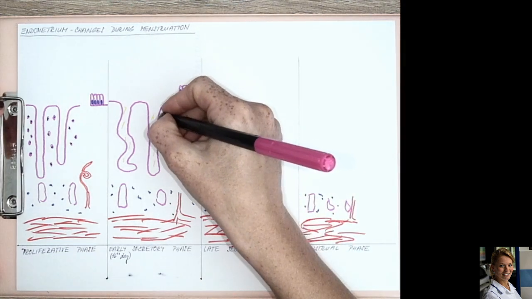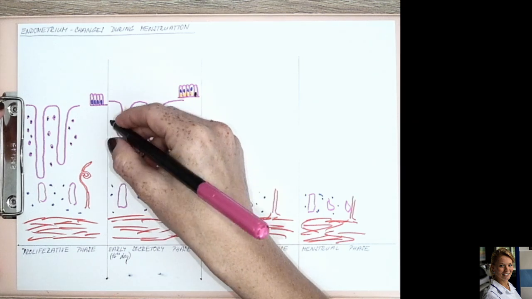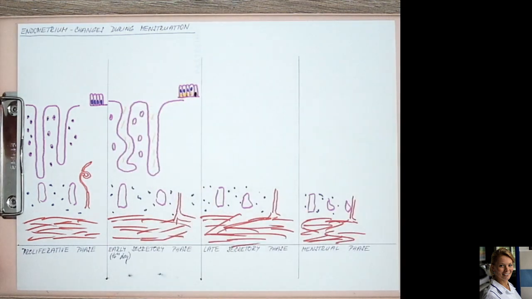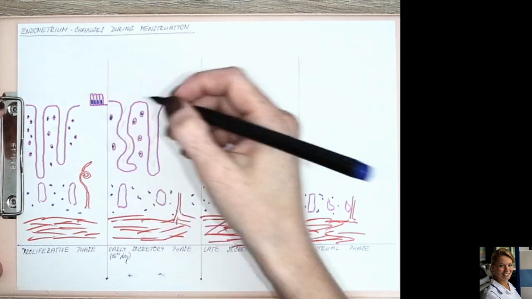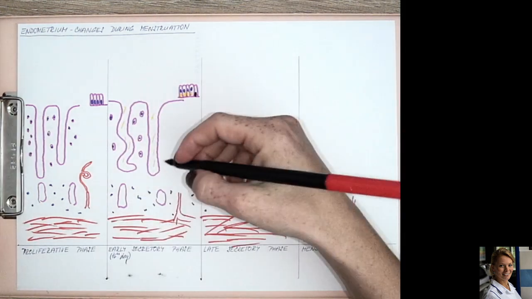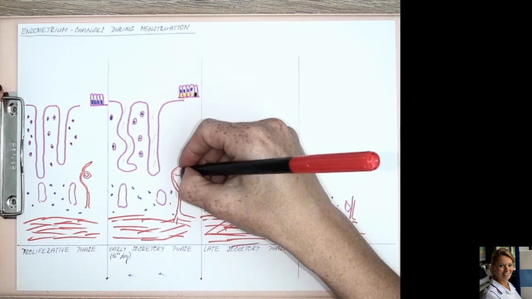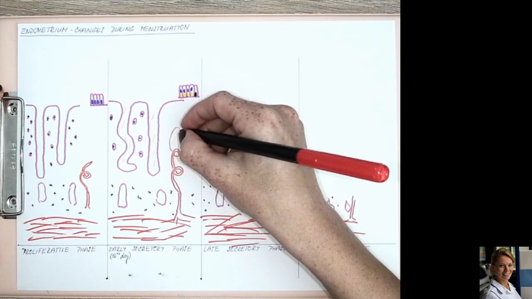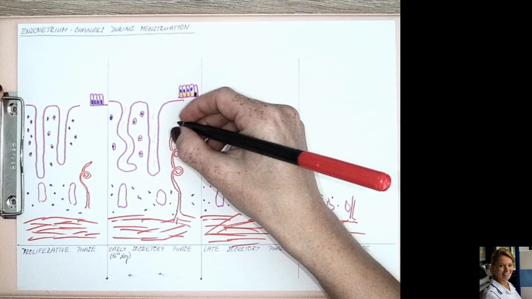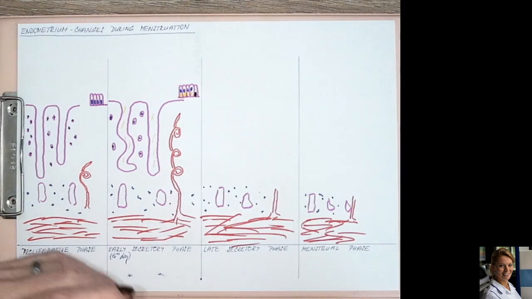And the stromal cells are bigger, and the coiled arteries grow. And you can see in the upper layer of the functional layer.